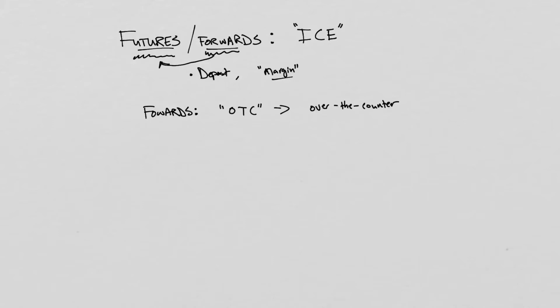They're just making a customized trade. It's as if you and I made a sports bet or something. That was just a deal between you and I. That's an over-the-counter financial contract, and that's what forwards are. Again, we'll discuss what forwards are and how to calculate them in more detail later on, but for now it's important just to know the difference between OTC, over-the-counter, and exchange traded contracts.